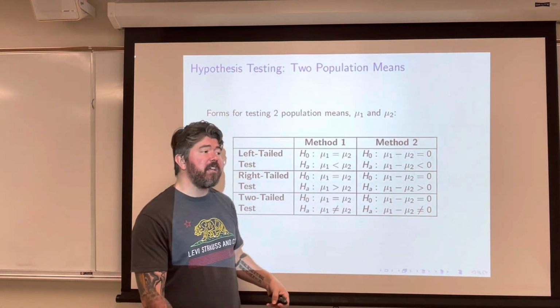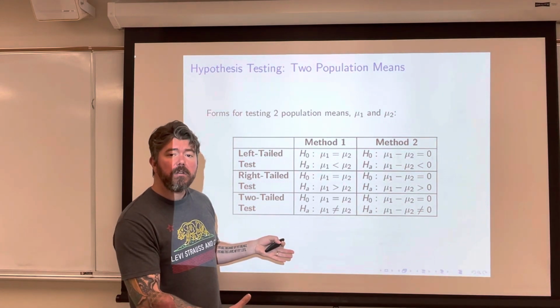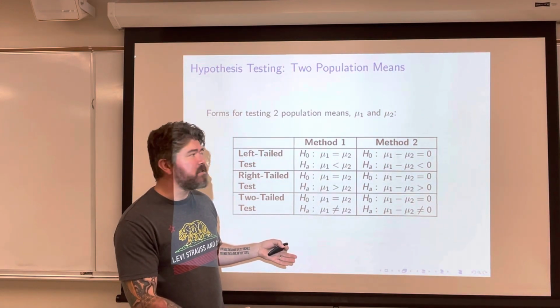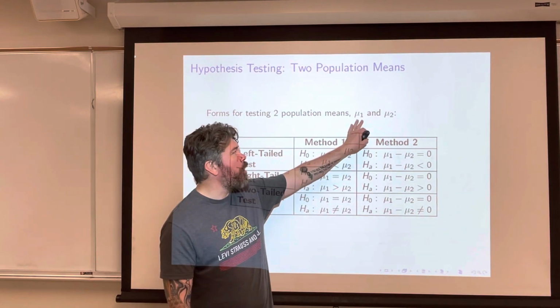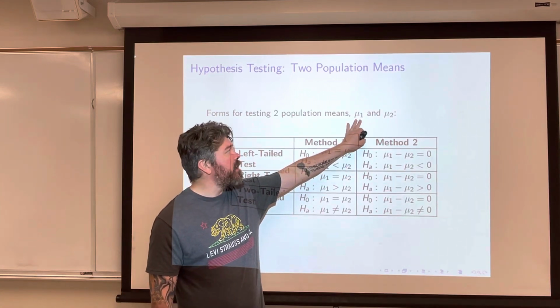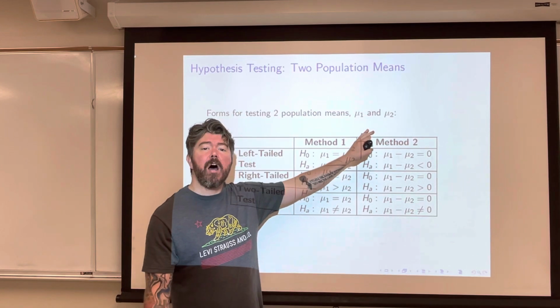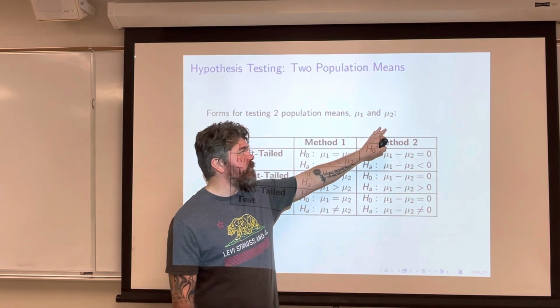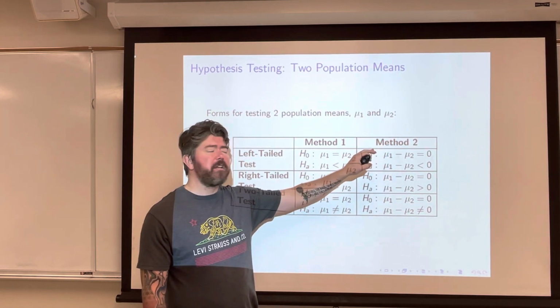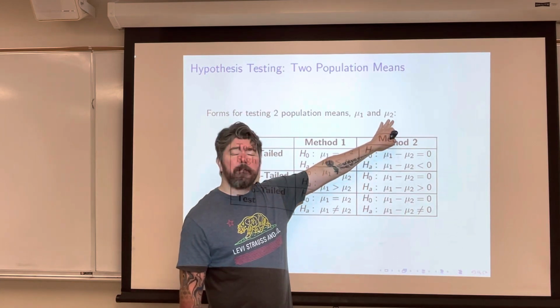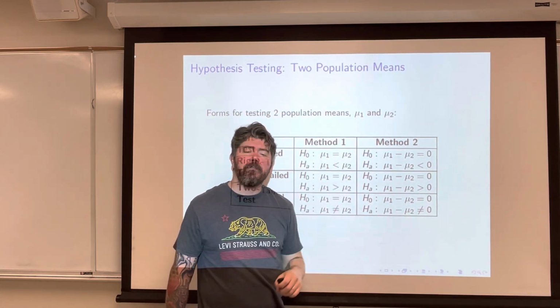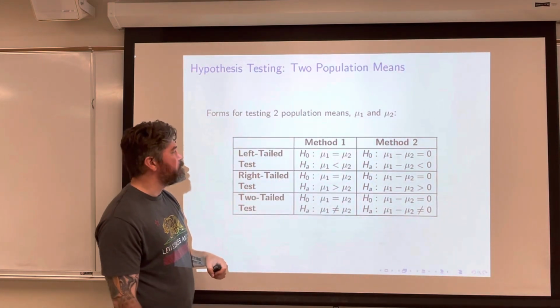So they're going to give you a group in the problem first, and we'll call this population 1. And population 1 has a mean mu1. And then they will mention another group of individuals, and this will be dealing with population 2. And population 2 will have a mean mu2.